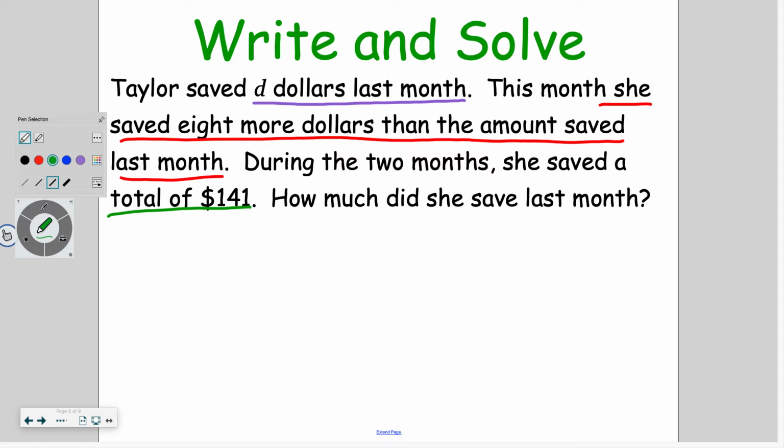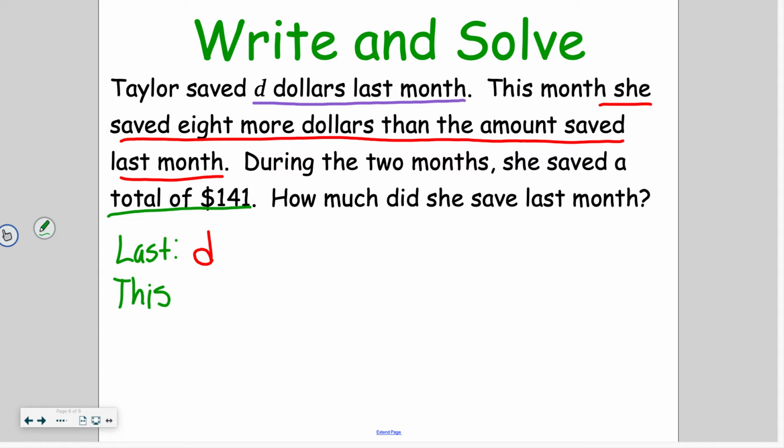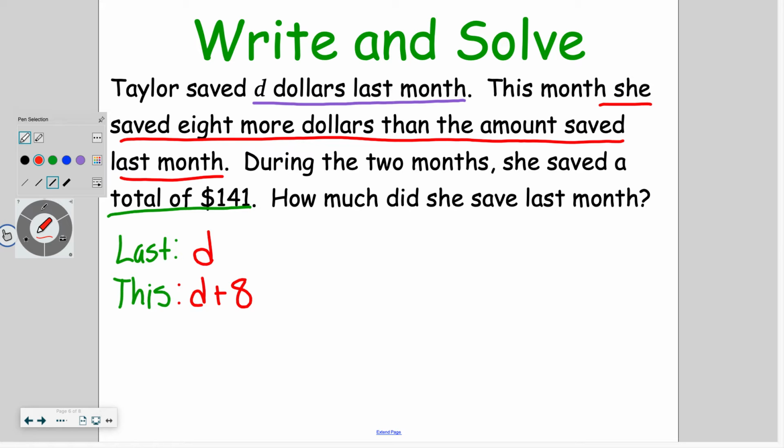We're trying to figure out how much she saved last month. So last month, we have D dollars. This month, we have 8 more than the amount she saved last month. So to show 8 more than that, I have to do last month plus 8.